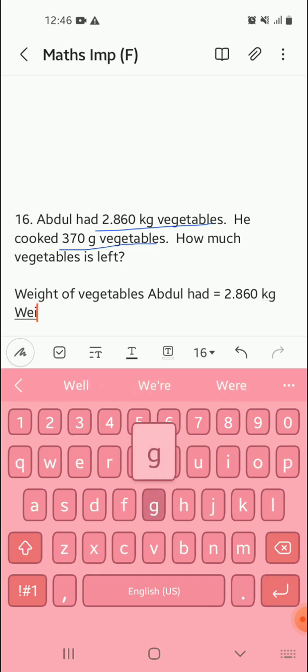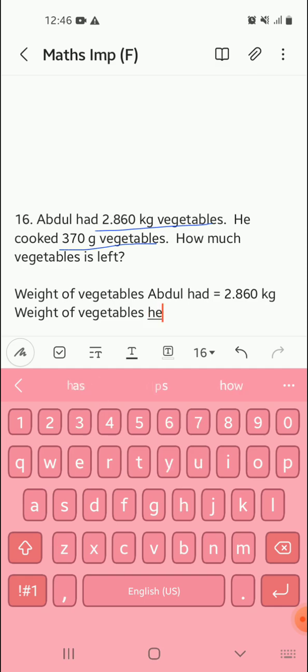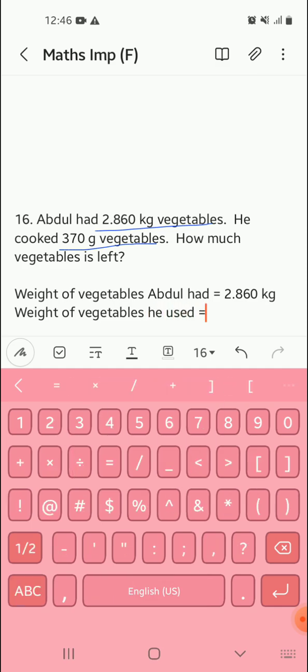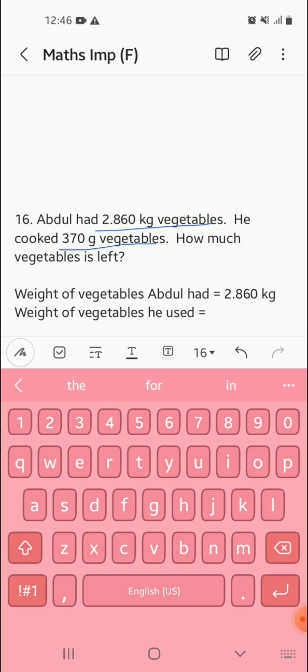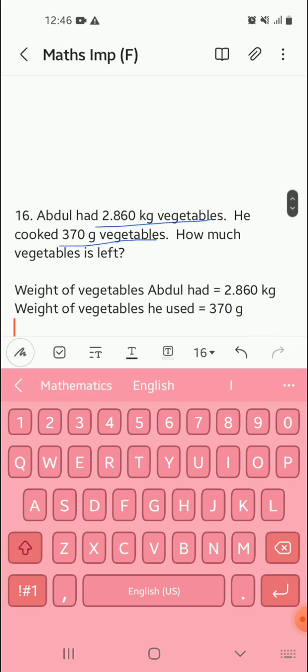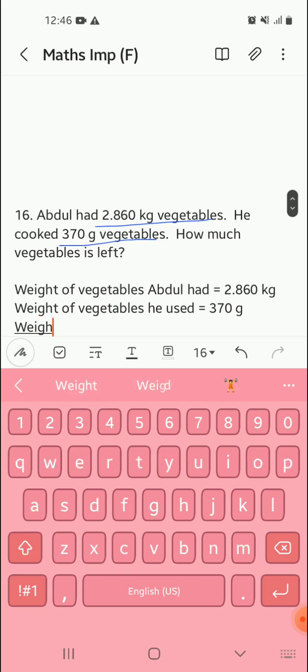Okay, and weight of vegetables used, he used, is equal to 370 gram. Therefore, weight of vegetables left.